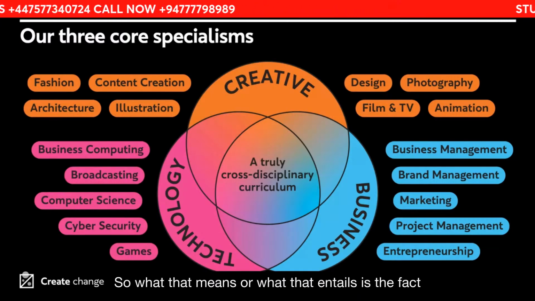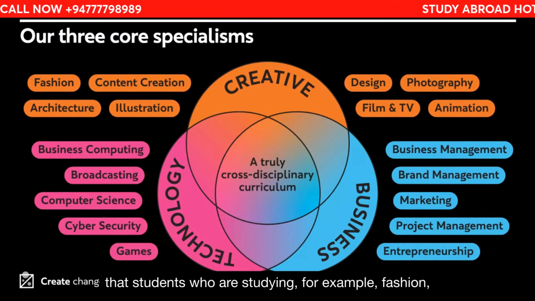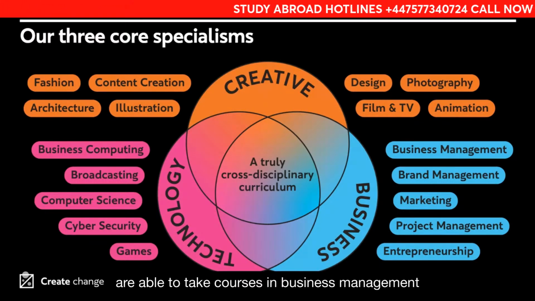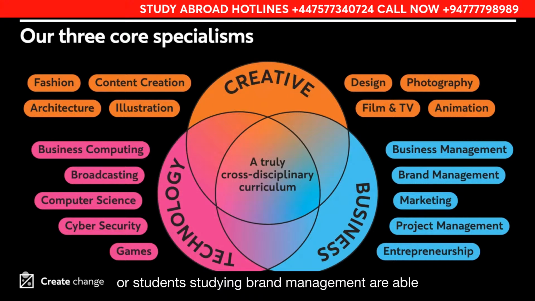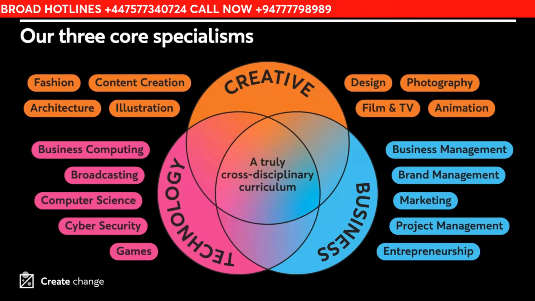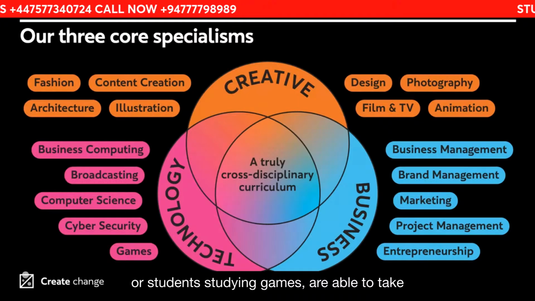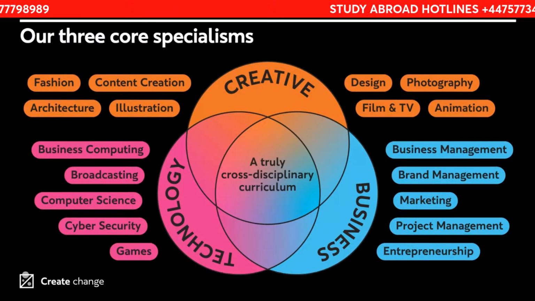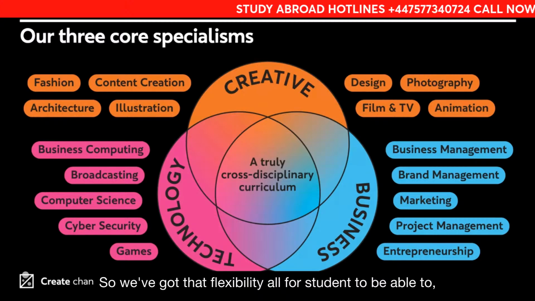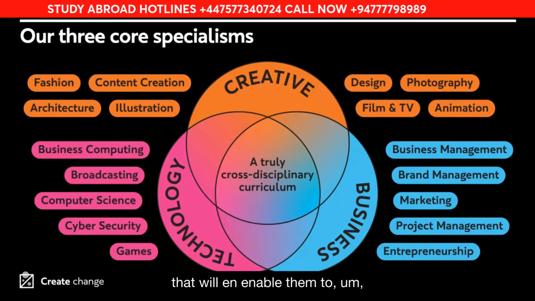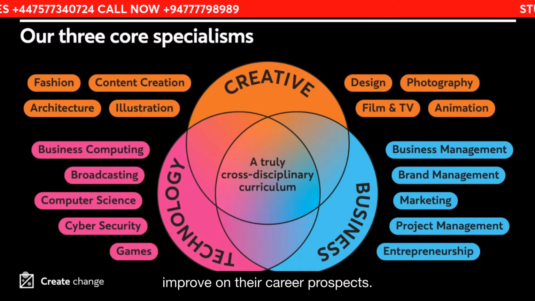So what that entails is that students who are studying, for example, fashion are able to take courses in business management, or students studying brand management are able to take courses in cybersecurity, or students studying games are able to take courses in animation or film and TV. So we've got that flexibility to give students more skills that will enable them to improve on their career prospects.